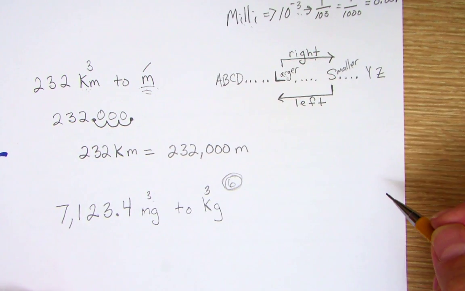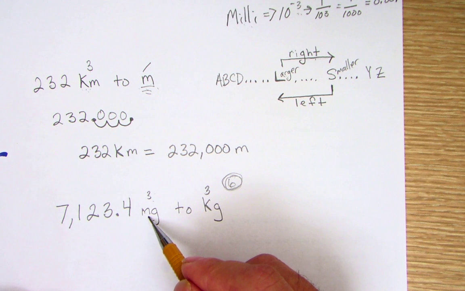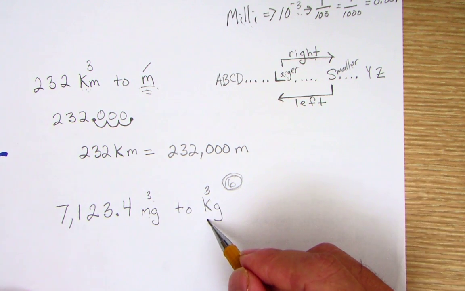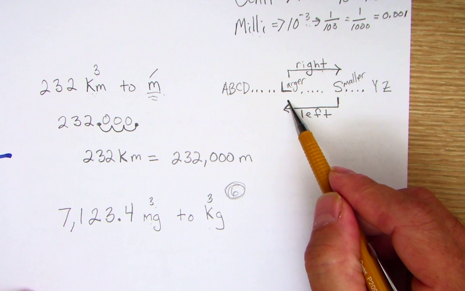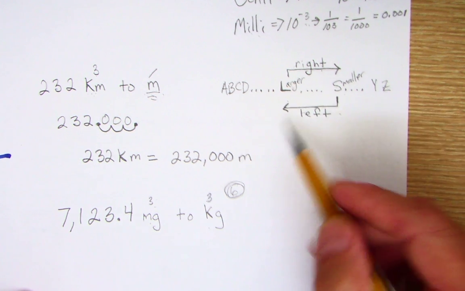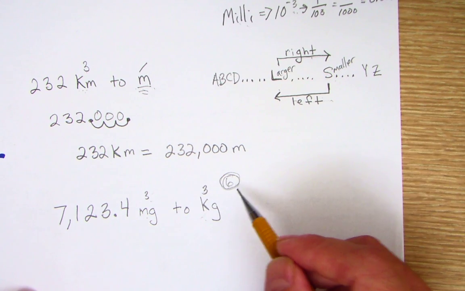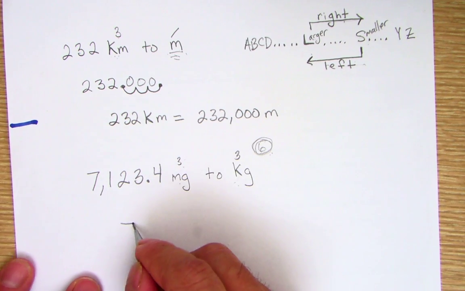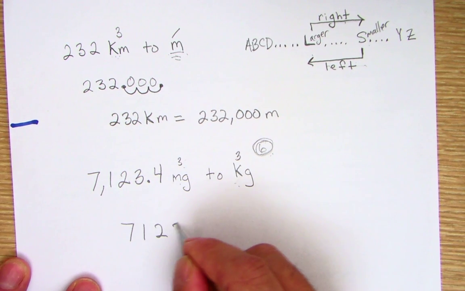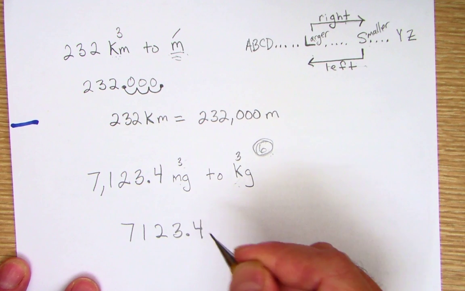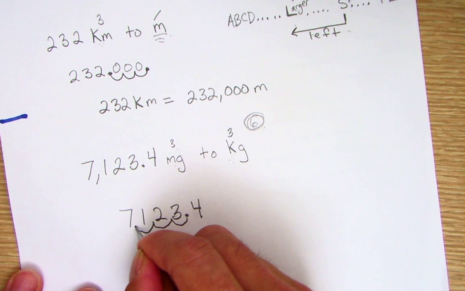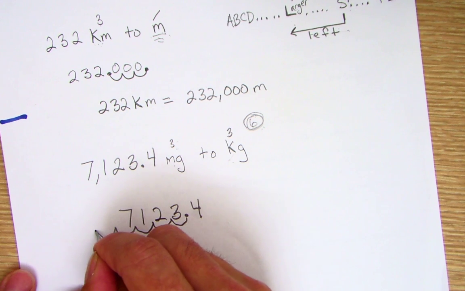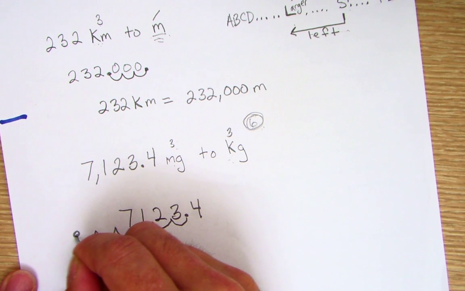Now, what direction am I going to move it? Milli is smaller than a kilo. So I look at my chart here, I'm going from smaller to larger. That means I'm moving it left. How many to the left? 6 places. So I rewrite my number, and I start moving. I do my loop-de-loops. 1, 2, 3, 4, 5, 6. Now this is where my decimal is.